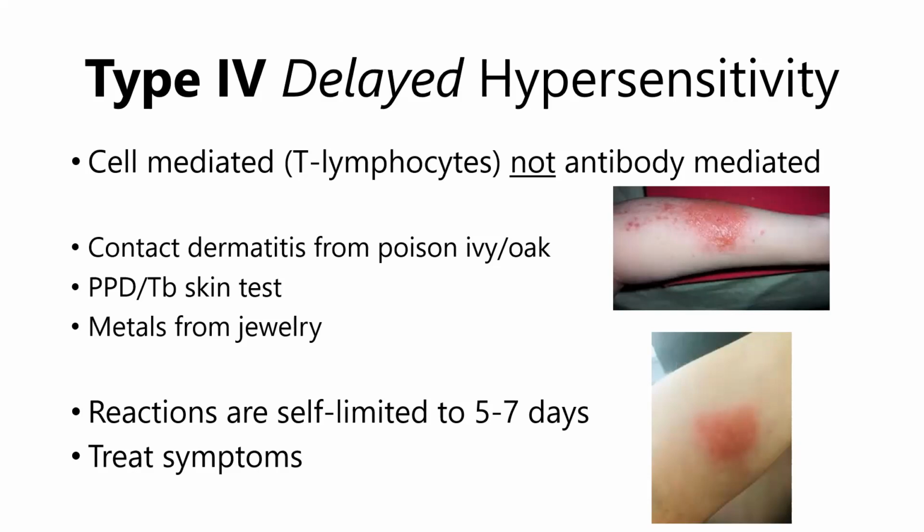Some people have this type of delayed reaction with metals from jewelry, and then just contact dermatitis from poison oak or poison ivy, which is the top picture. And fortunately for these folks that have these type reactions, they only last 5 to 7 days unless you have an overreactive immune system, and then you have to start treatment, which would be steroids.